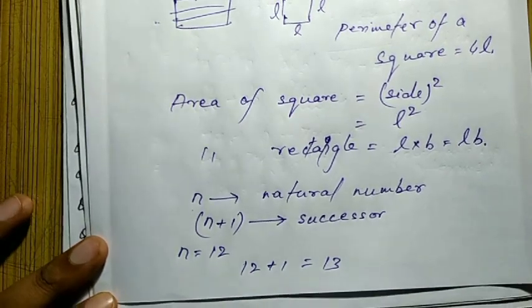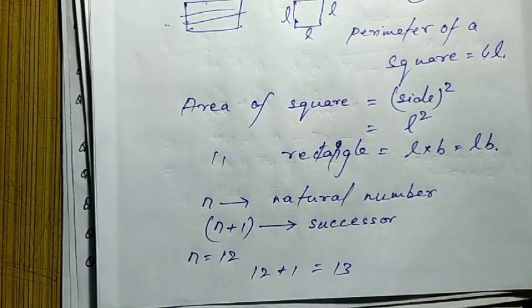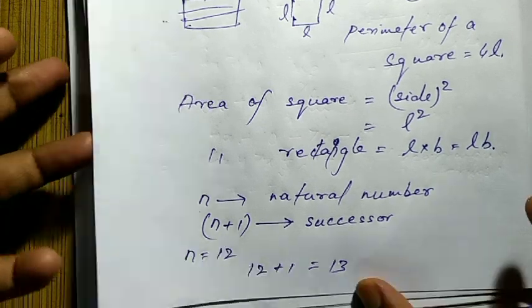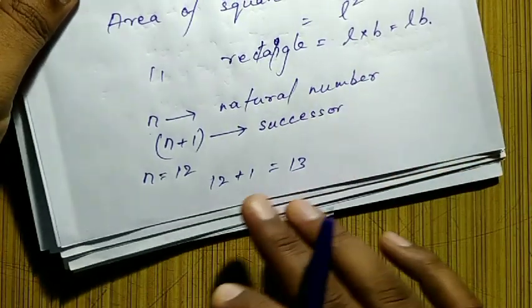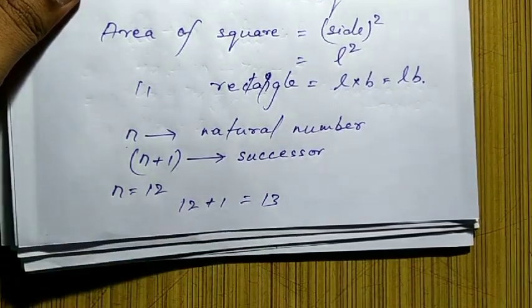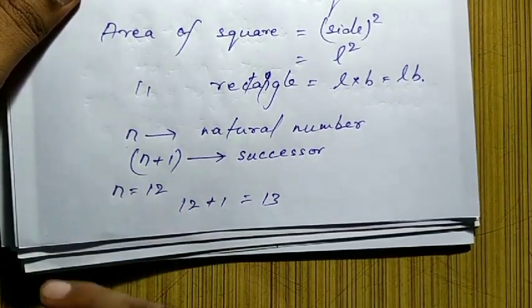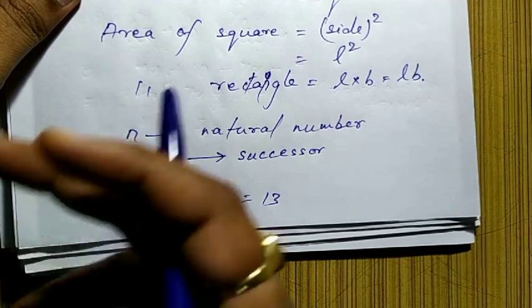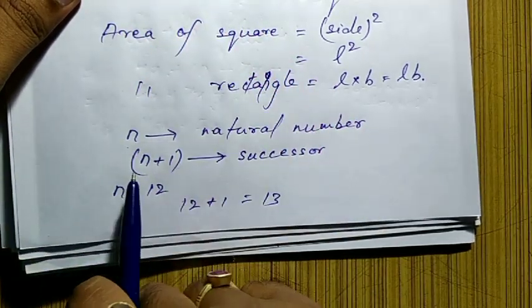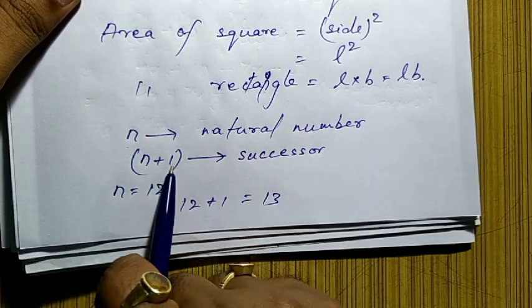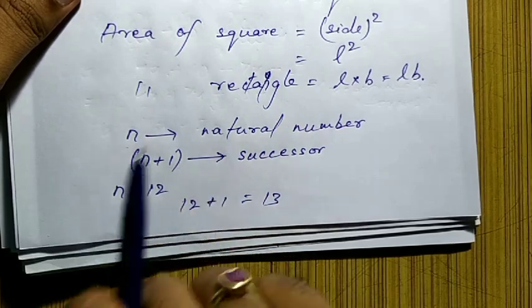By this you will find the successor of any natural number. Suppose I ask what is the successor of 100, that is 100 plus 1, put in this formula, that is 101.